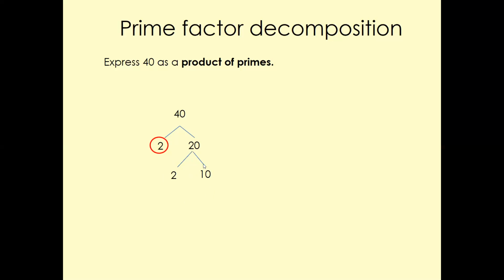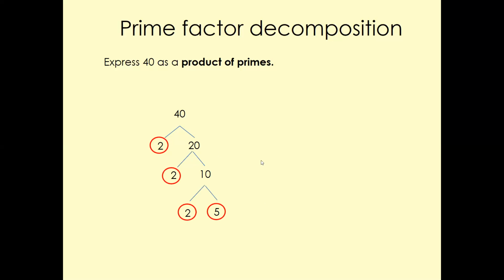Let's break down 10. So try again dividing 10 by 2. So that's going to be 2 times 5. Now you cannot go further because all of these are prime numbers, and you cannot decompose a prime number further.